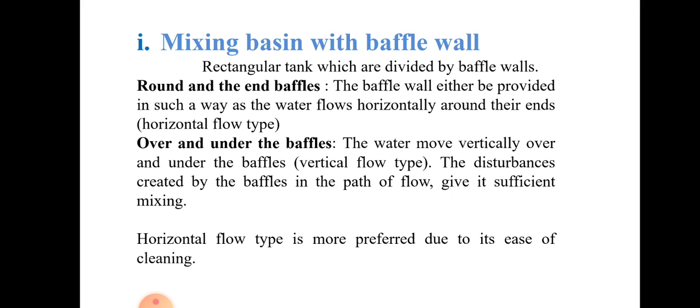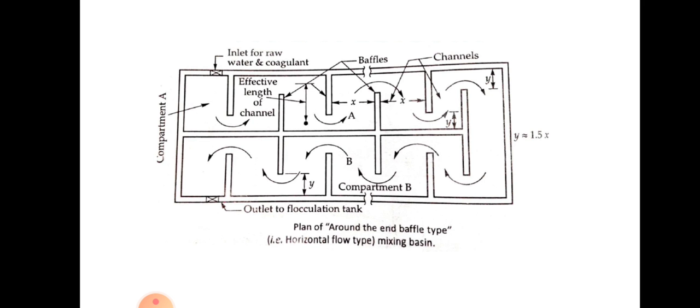In the case of round the end baffles, the baffle walls are provided in such a way that the water flows horizontally around the ends. Here you can see round the end baffles. So this is called a horizontal flow type.